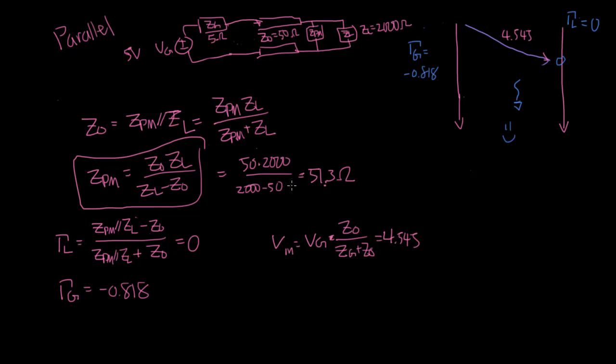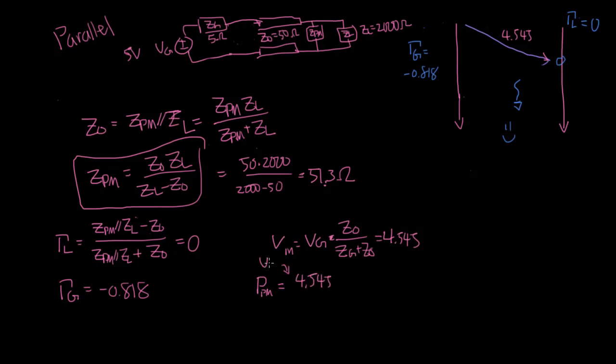But where is the drawback for this? Well, if you look at the power dissipated in the parallel match resistor, the voltage across here, it's already in steady state, and the voltage across there is going to be 4.545, right?